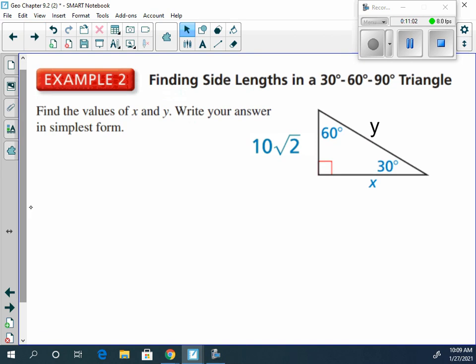Let's look at this one here. Find the value of x and y and write your answer in simplest form. Well, they gave us the side opposite 30 degrees. So we need to find the hypotenuse and the side opposite 60. So which one do we want to do first?